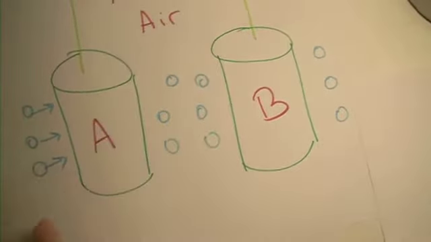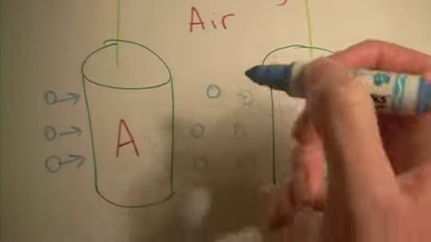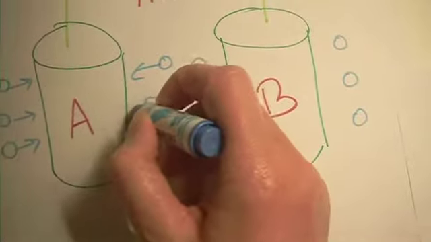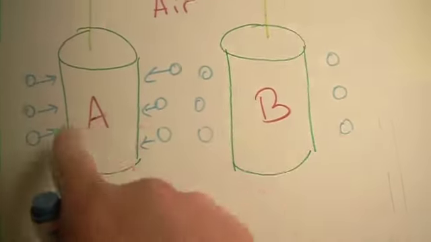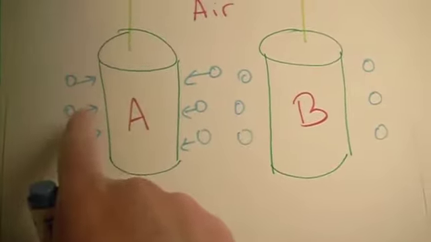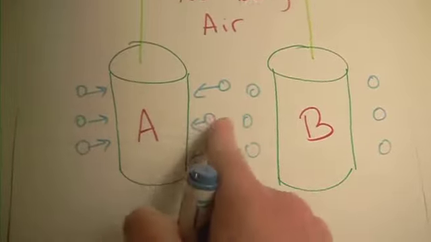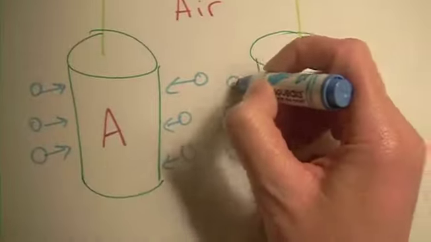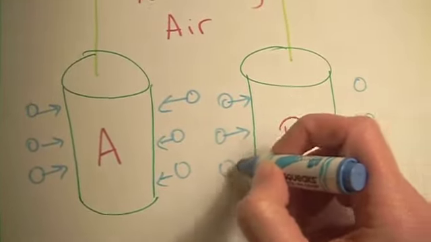Air molecules are moving all around all the time, bouncing all over. So the forces are balanced, and there's equal air pressure on both sides of the can. Same thing for can B.